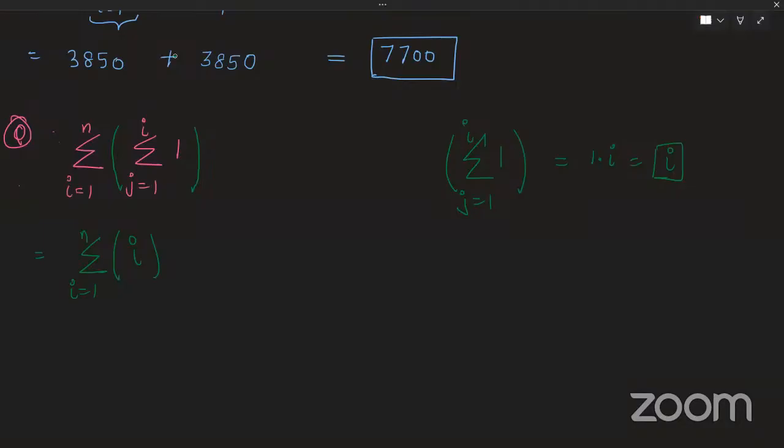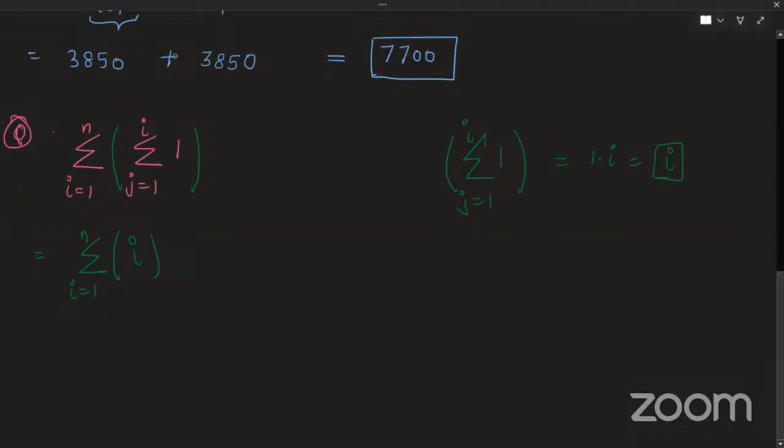It will be i, because we are adding 1 from 1 to i. Keep on substituting the values of i, and the limits are from 1 to i only, and it is a constant value, so it is really easy to add, right, everyone? Okay, great.